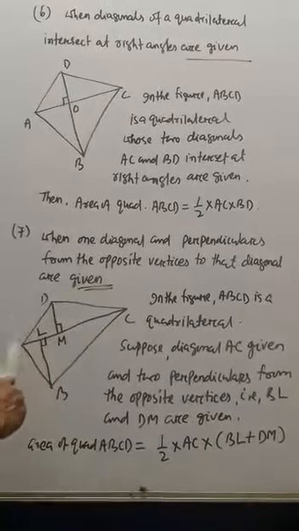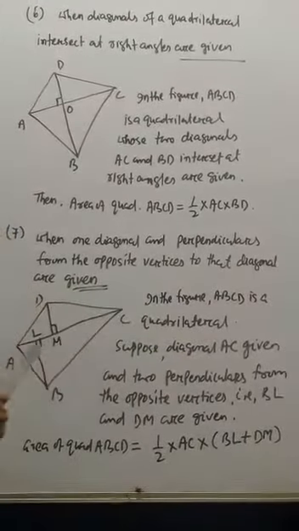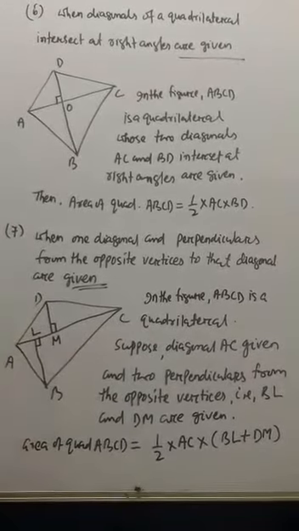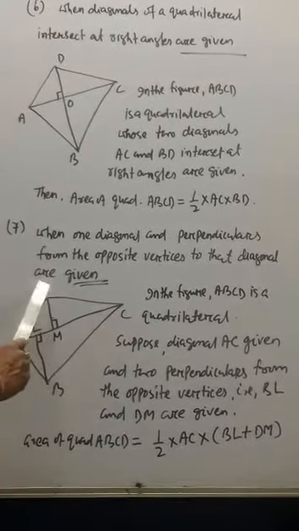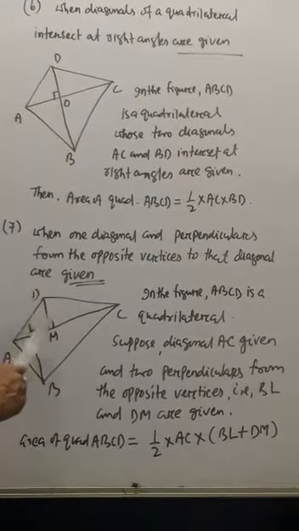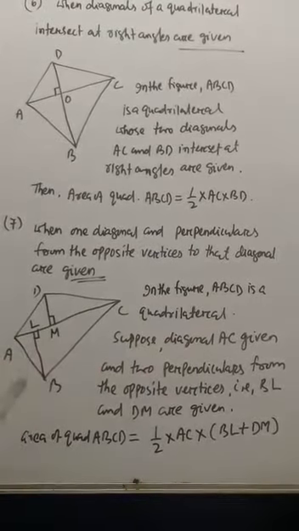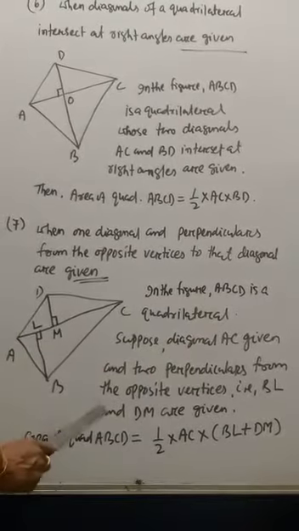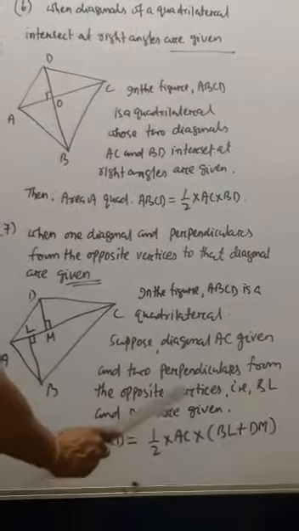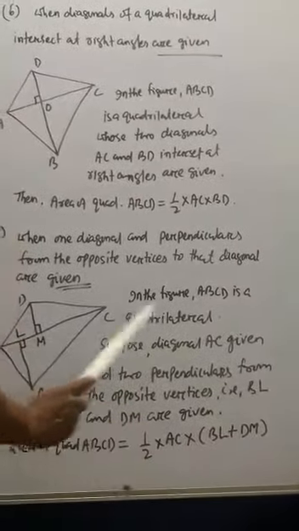Suppose out of your two diagonals, one diagonal AC is given, and now the two opposite vertices B and D, from these two opposite vertices, the perpendiculars BL and DM to the diagonal AC are given. Then area of the quadrilateral ABCD is equal to half into AC into (BL plus DM).